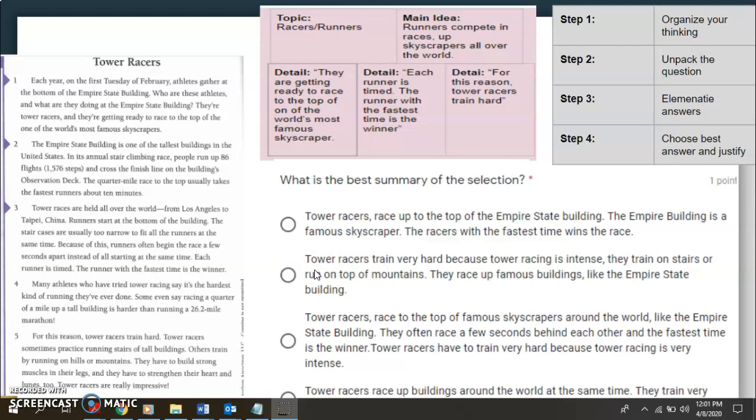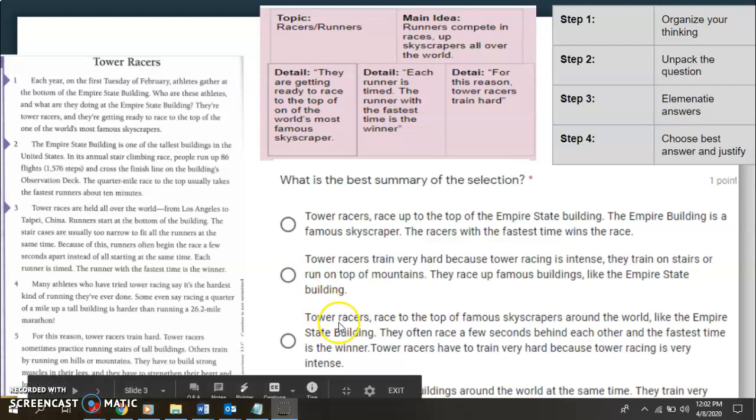C says, tower racers race to the top of famous skyscrapers around the world, like the Empire State Building. They often race a few seconds behind each other, and the fastest time is the winner. Tower racers have to train very hard because tower racing is very intense. So I'm going to look at my graphic organizer and see if it has everything I need. My main idea is they compete in races all over the world.